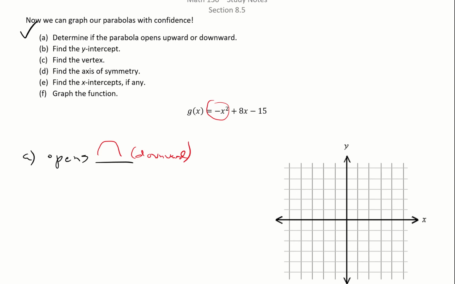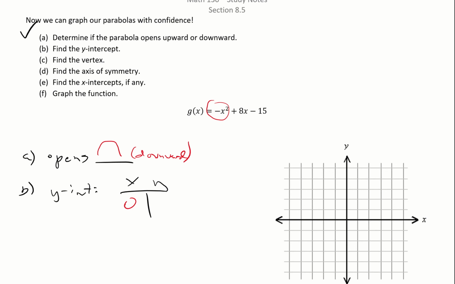Okay. Part B, something we haven't done in a while, it says find the y-intercept. Now remember, the y-intercept is a point, x, y, and that's where it runs into the y-axis. Well, that means x is 0. And if you plug x is 0 into this, where are you?